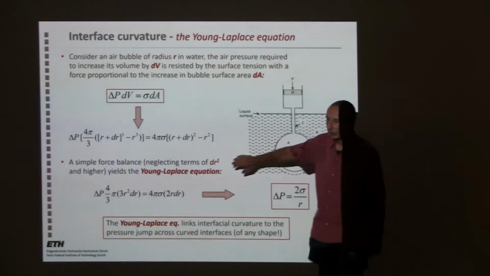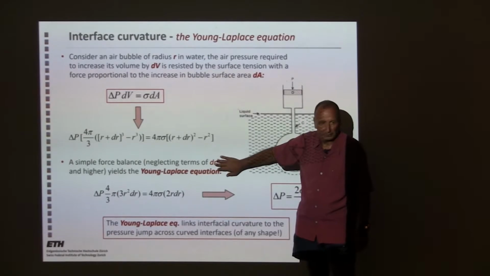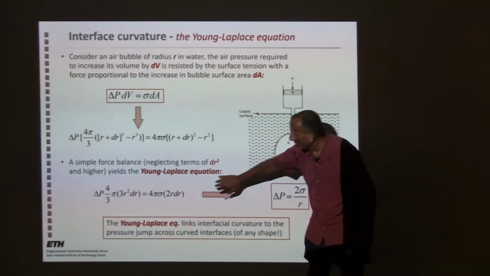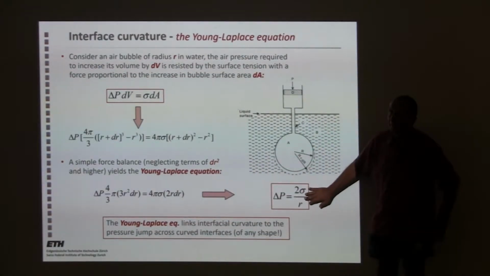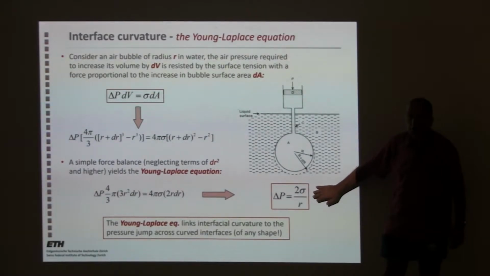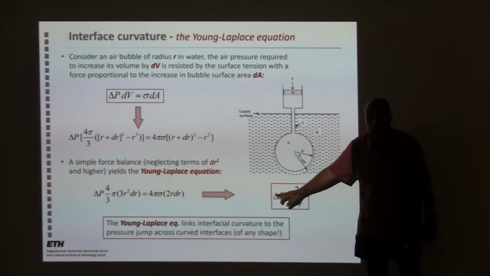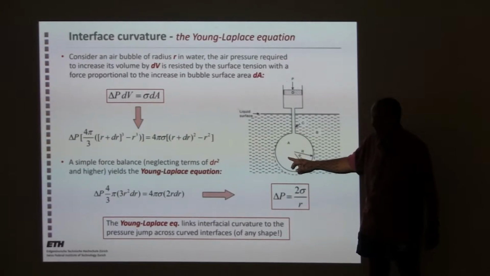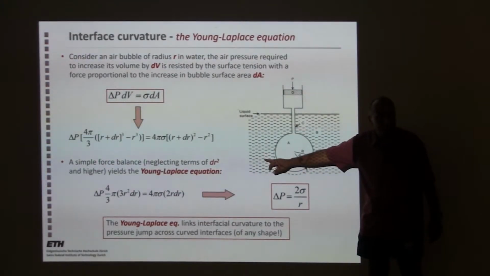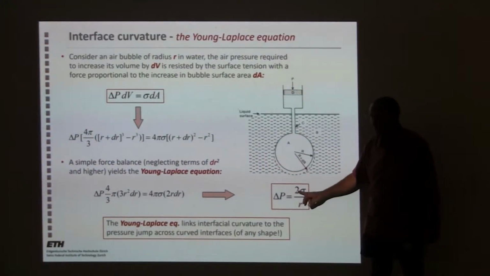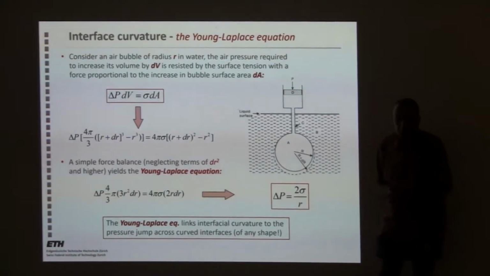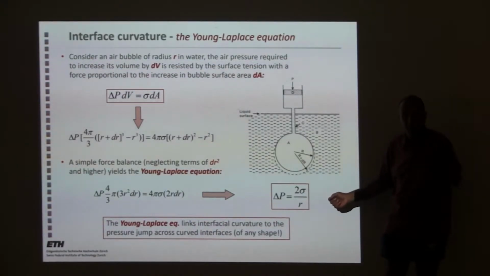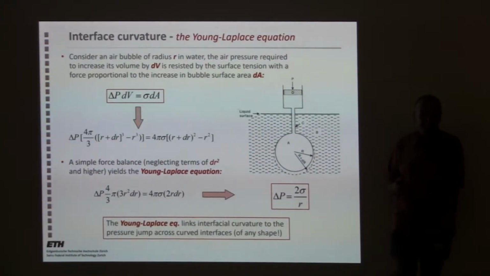Dropping terms of second order in dr squared gives a very simple algebraic expression: the pressure difference between the air in the bubble and the liquid pressure will be simply 2 times the surface tension over the radius of the bubble. The smaller the bubble, the larger the pressure difference between the bubble and the air.